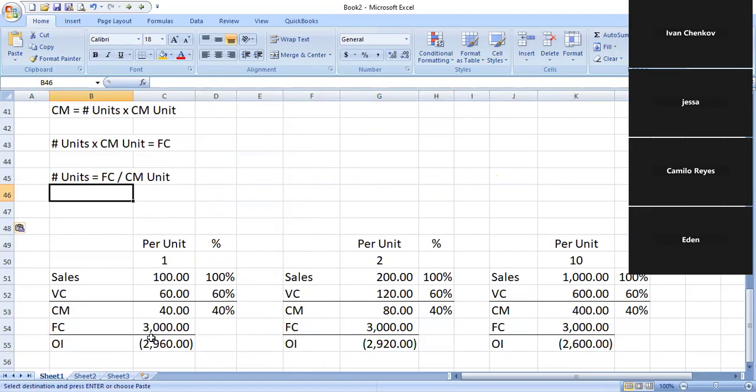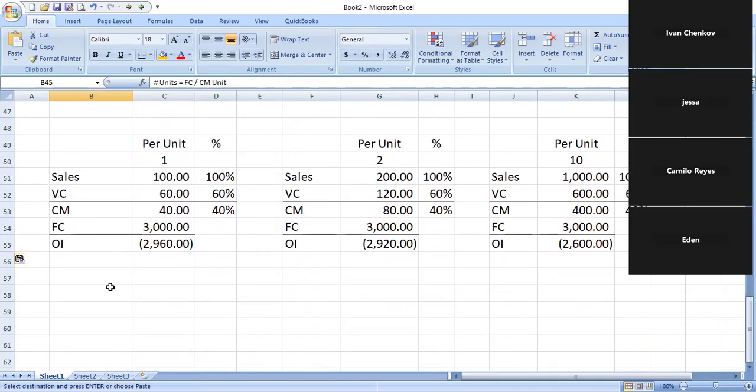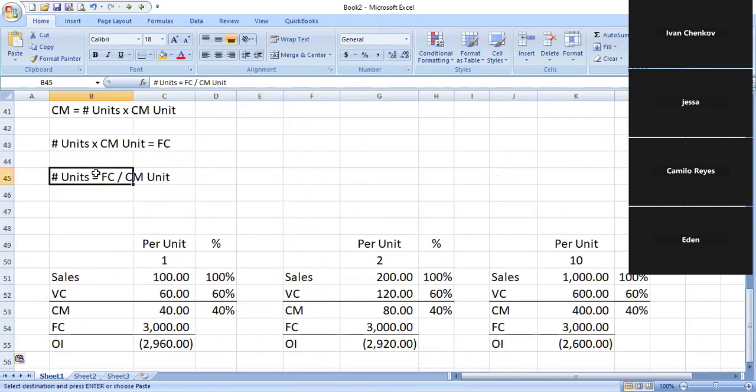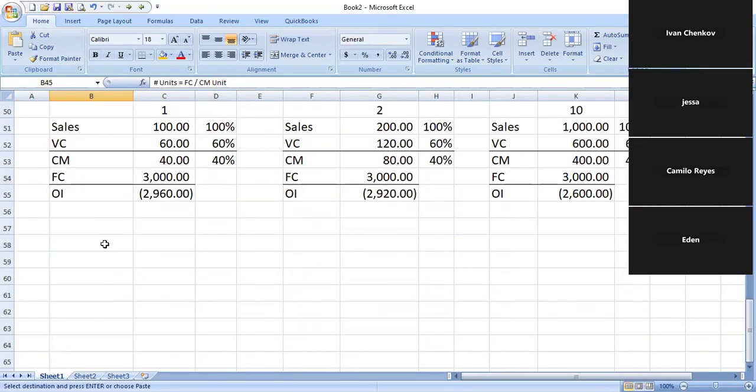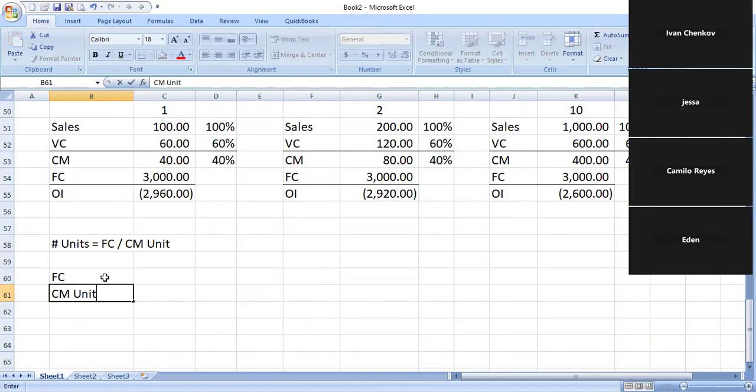I'm selling one unit and I have contribution margin per unit. The next thing that I need is the fixed cost. If I'm using this formula, I need the fixed cost and I need contribution margin per unit. Do I have those? Yeah.